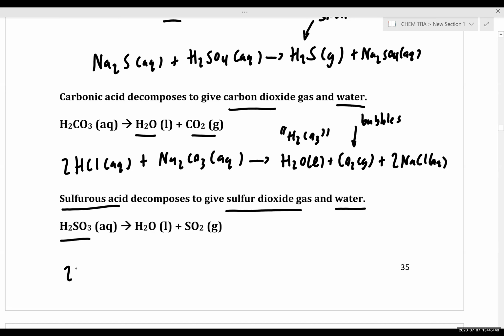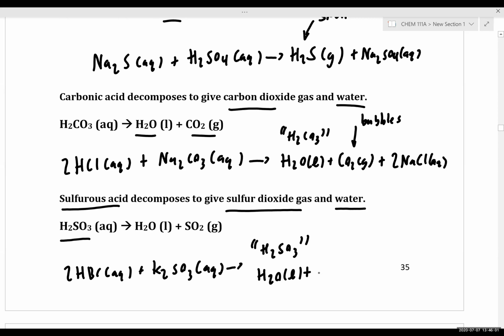So for example, if you have 2 hydrobromic acid reacting with potassium sulfite, you will generate in solution sulfurous acid, which decomposes to yield water, sulfur dioxide gas, and 2 molecules of potassium bromide.